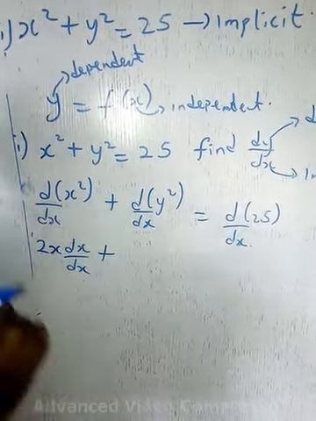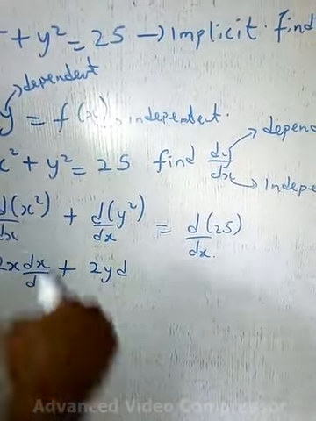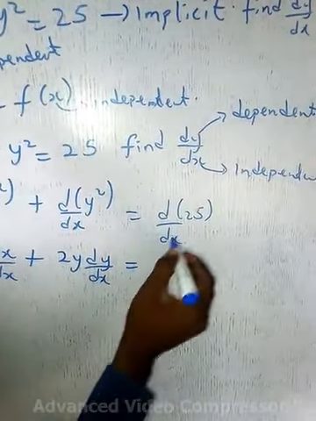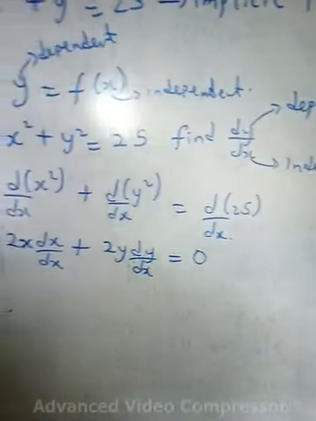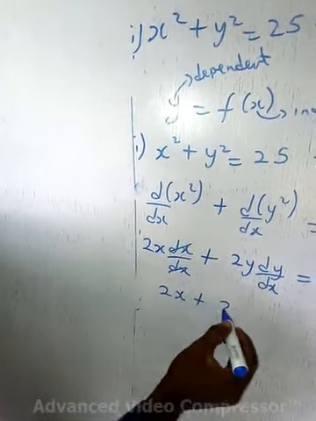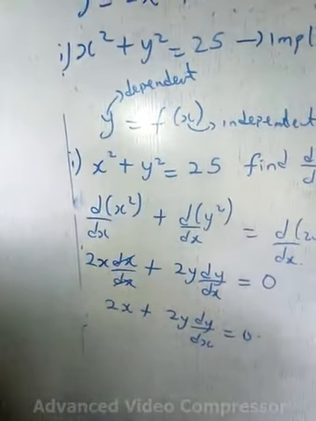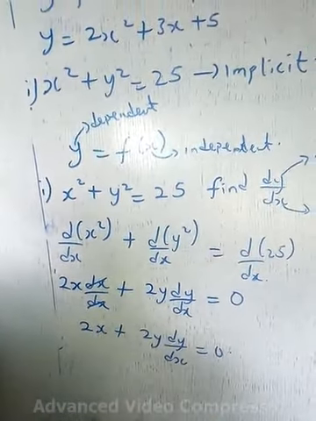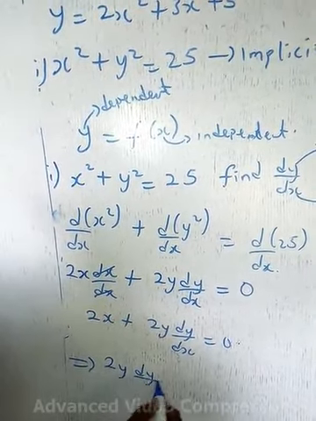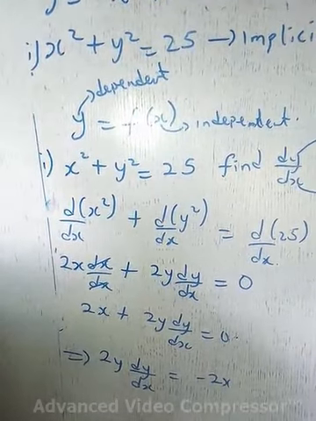The same thing is applicable to this: differentiating with respect to the power gives 2y, and y also depends on x, that is dy dx. Differentiating a constant is 0. We have 2x plus 2y dy dx equals 0. We are expected to find dy dx, so make it the subject of formula: 2y dy dx is now equal to minus 2x.